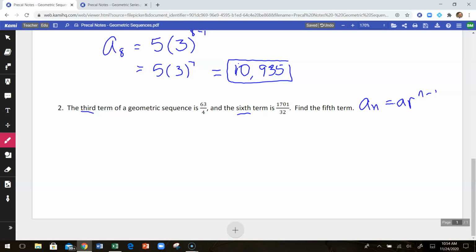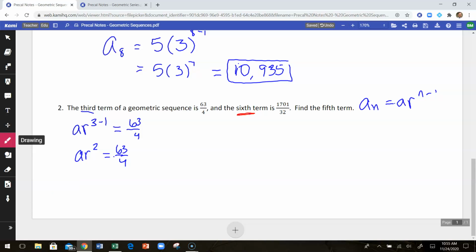The value of the 3rd term is 63 over 4. That happens if I do A times R to the 3 minus 1. That tells me that A R squared is equal to 63 fourths.